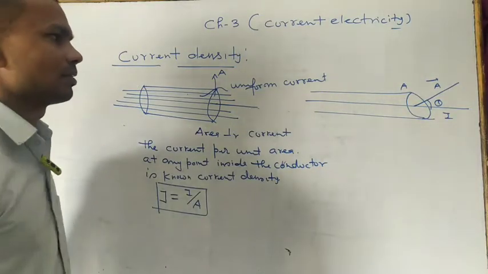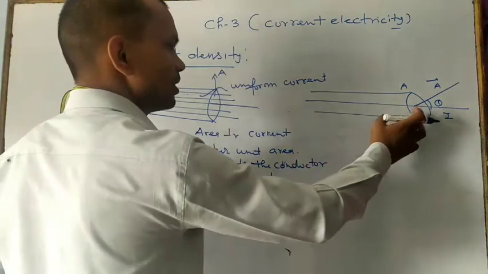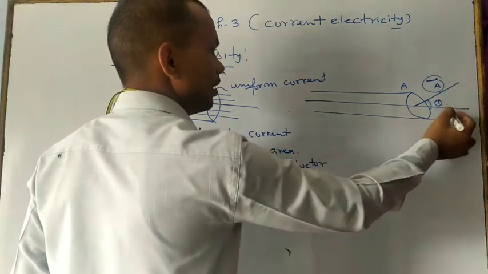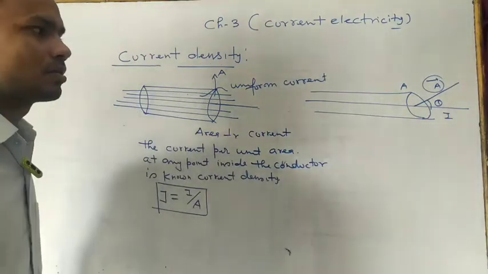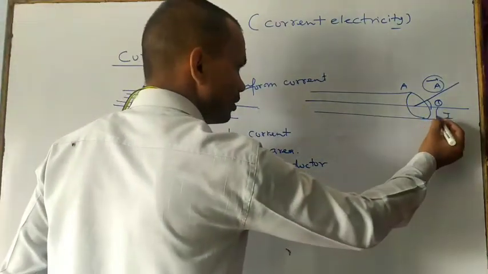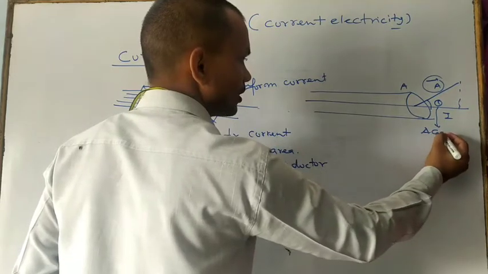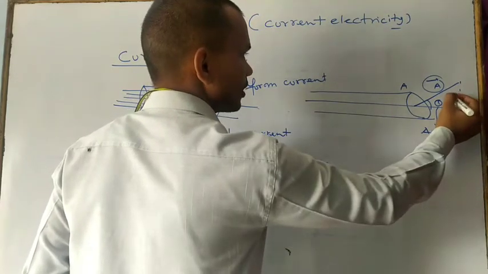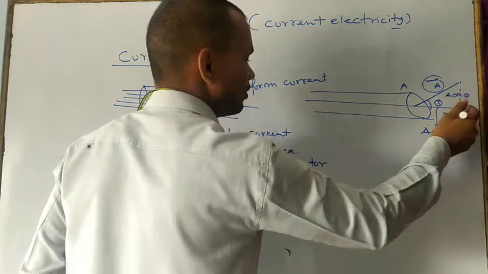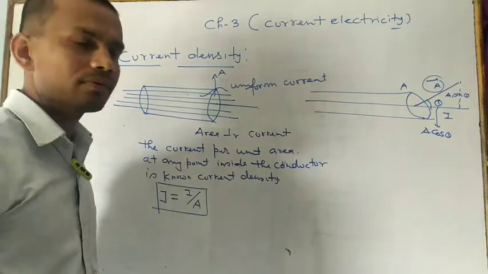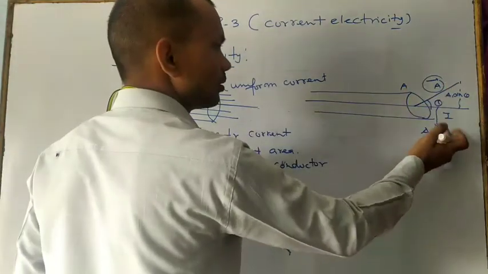In that case, you have to find out the component of this area vector along the direction of this current. So this is the horizontal component A cos theta, and this is the vertical component A sin theta. Only A cos theta we will take because it is in the direction of this current.